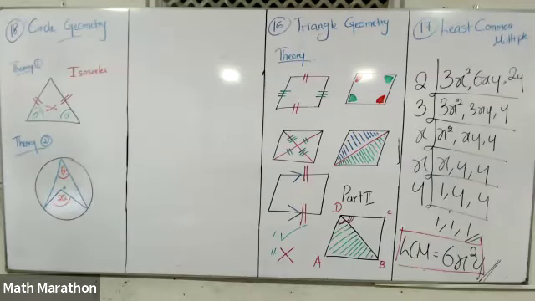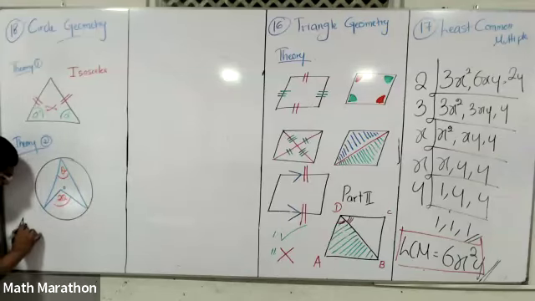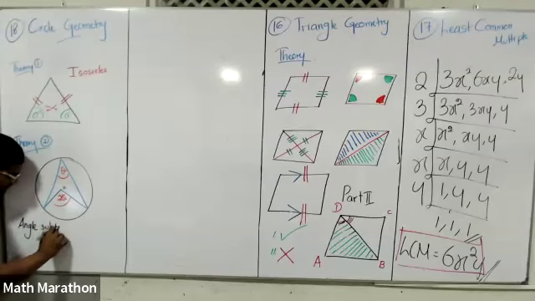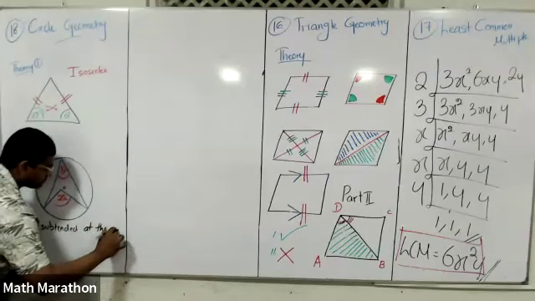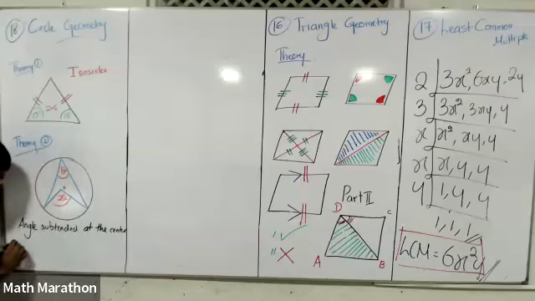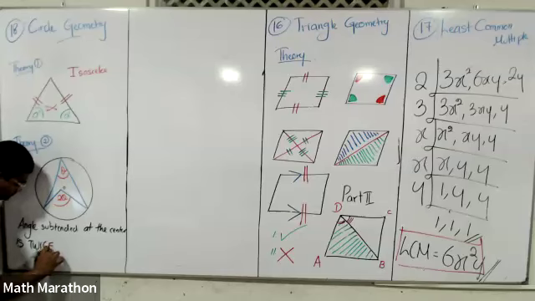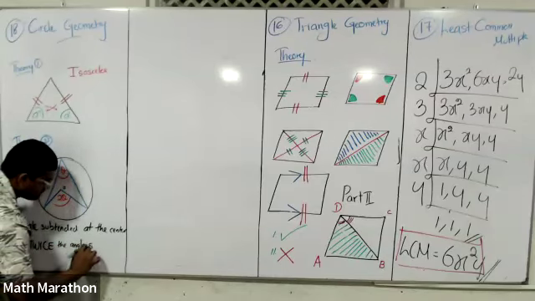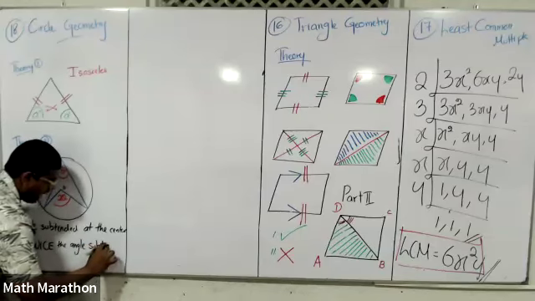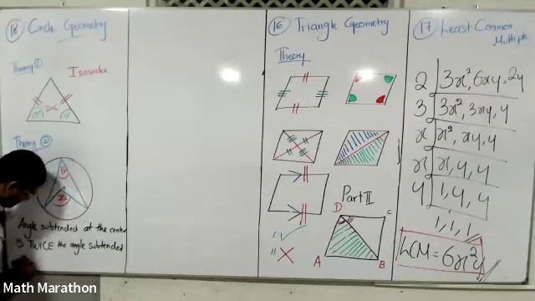So what does the theorem say? The angle subtended at the center is twice the angle subtended at the circumference.